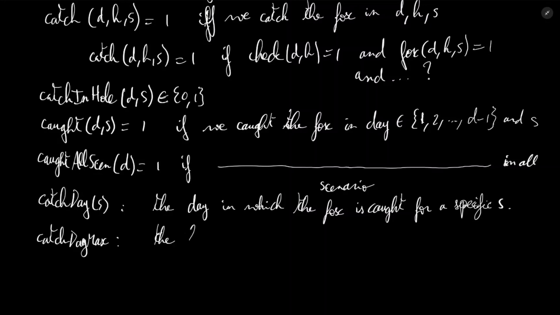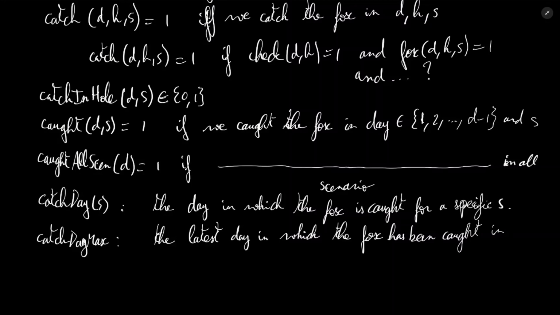The catch day max is basically the latest day in which the fox has been caught in all scenarios. So what's going to happen, and we can see that already, is that this catch day max is going to be greater than or equal to all catch day and is going to be equal to the maximum among all the scenarios of the variable catch day.